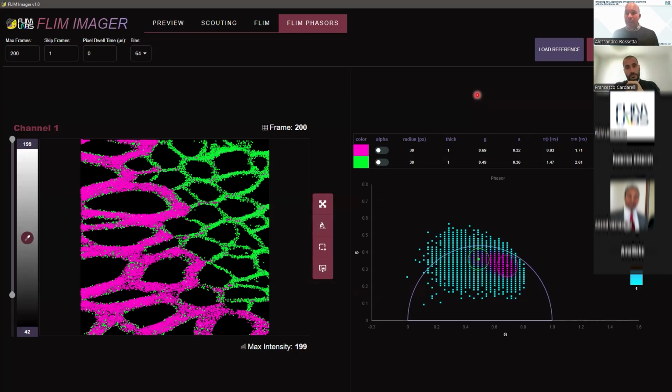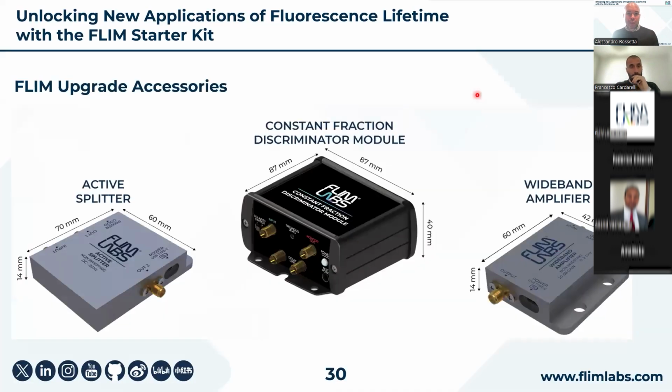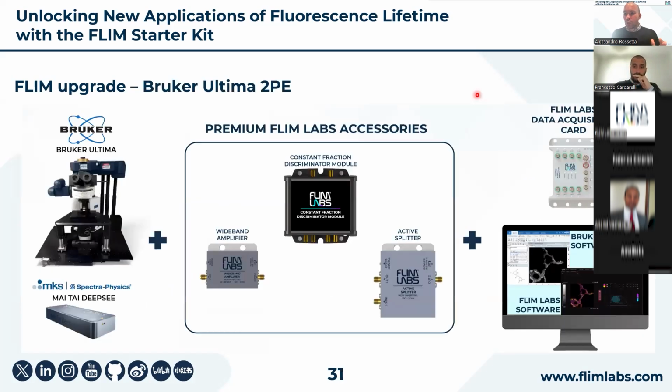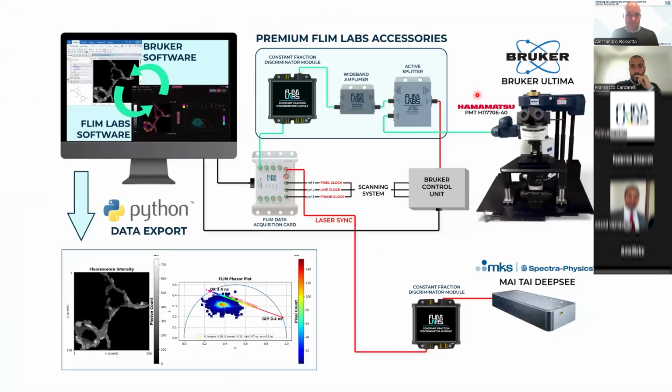To show you a little bit more about the imaging capabilities, we decided also to develop some upgrade accessories that would work in conjunction with the FLIM kit for being able to adapt it to other lasers and other detectors, like the FLIM upgrade we developed for the Bruker Ultima 2-photon excitation laser, which I'm showing you here.